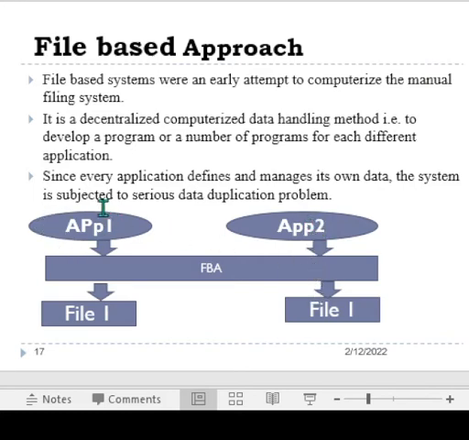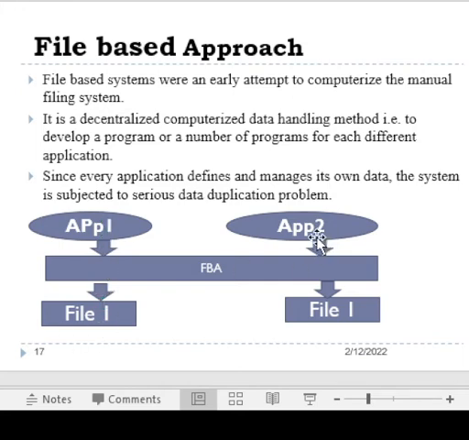When we access the data in application 1 and application 2, there is no integrity between them. Because of that, if you store someone, say Ababe Faisa, in application 1, since this is a department student, app1 stores the Ababe Faisa file in file format.